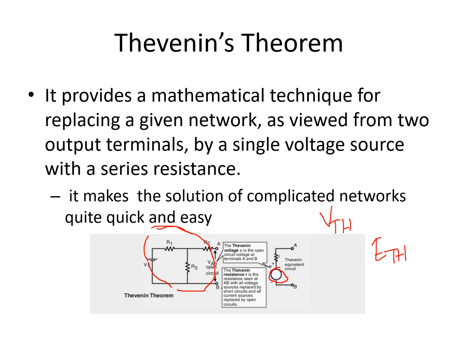We usually call this resistance RTH, the equivalent resistance. So instead of having a single voltage source with three resistors here, we can simplify that into a single source with a series resistance. So how are we going to do that?